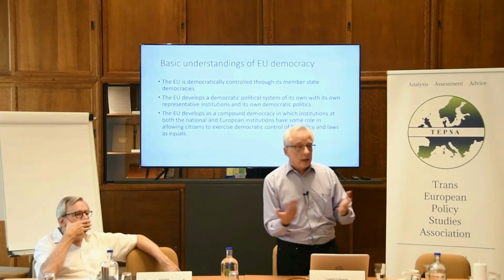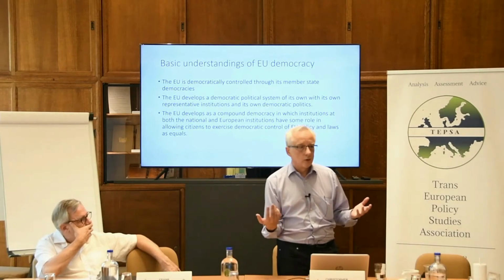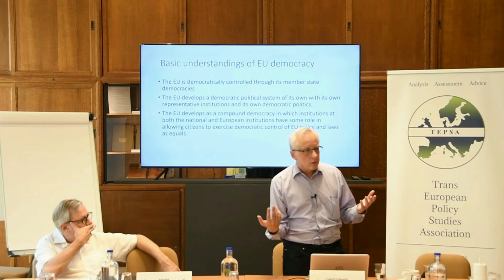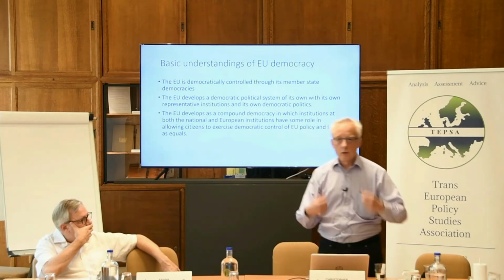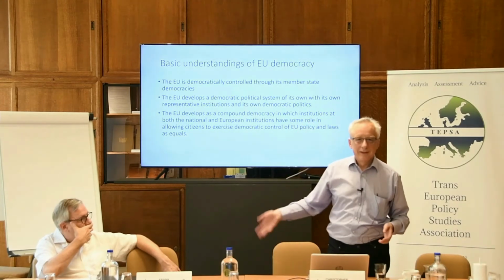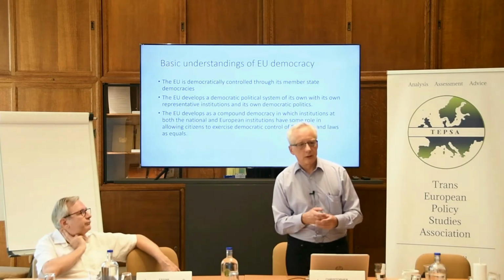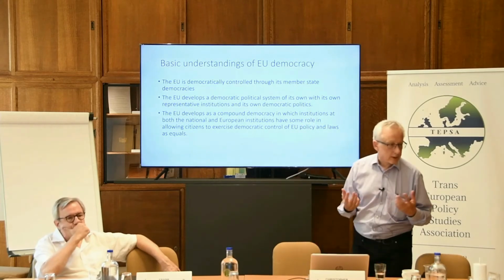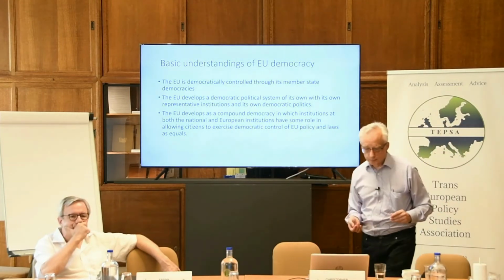And even then, when national democracies commit themselves to membership of the European Union, they have exit options, so they can periodically withdraw. And this could even be something that we can think about with differentiated integration. So a compound democracy is obviously some kind of way of dealing with the different problems.